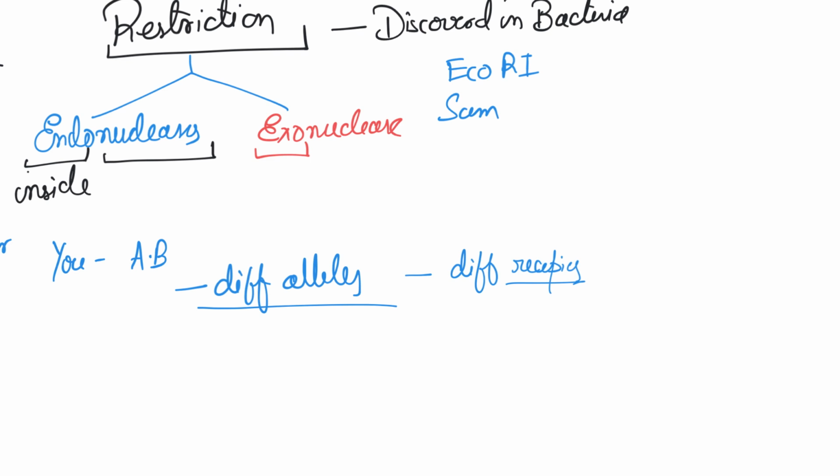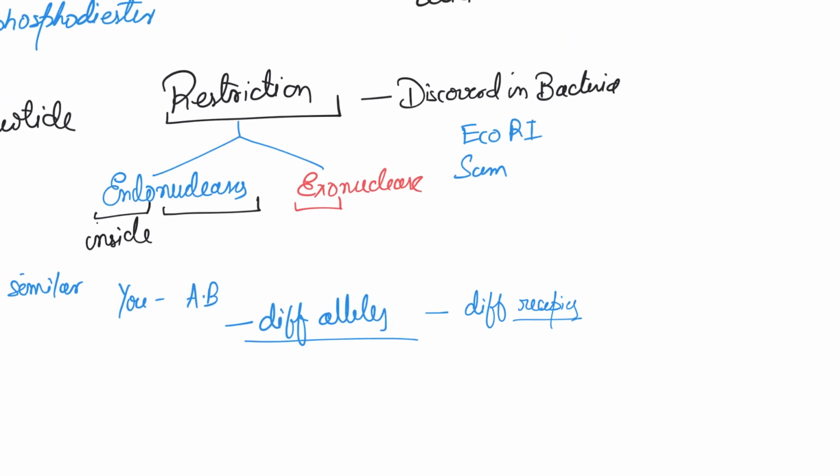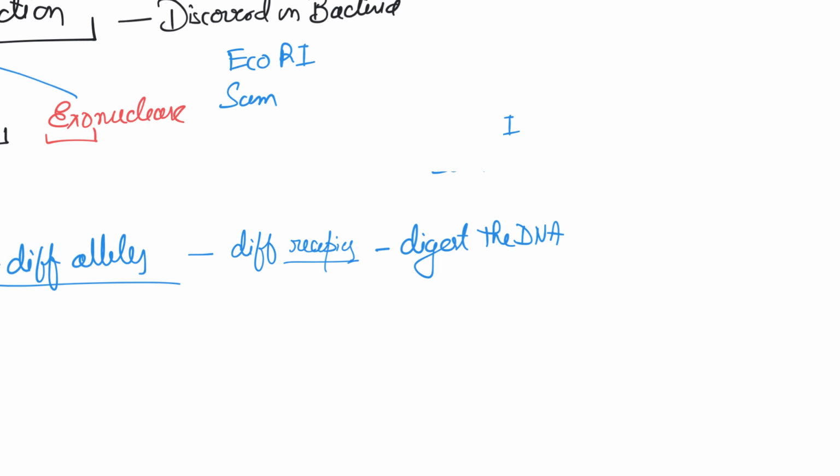Because of slight differences, the restriction enzymes, when they try to digest the DNA, to break the DNA, they digest the DNA in a very specific manner. What does it mean in a specific manner? That means they cut at specific points.